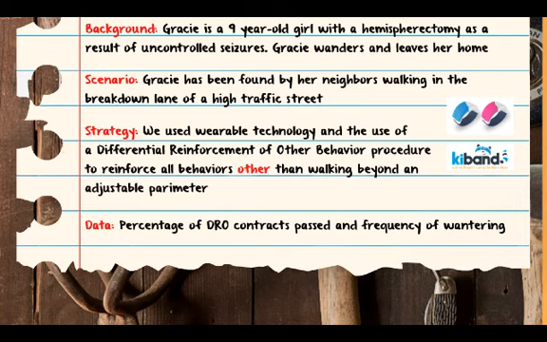And she really liked watching specific videos, for example. So that was one of the reinforcers that we used. She really was responsive to various forms of gustatory reinforcement. So we used gustatory reinforcement. But most importantly, the reason Gracie wandered is because she was trying to access tangibles in the community.